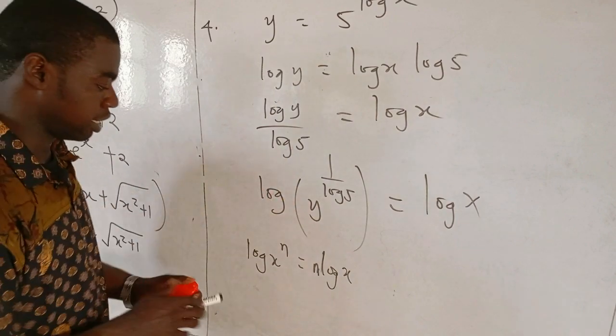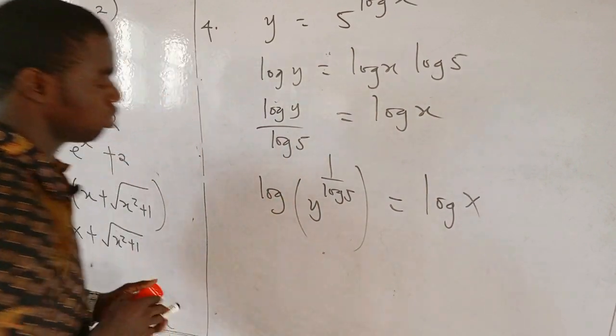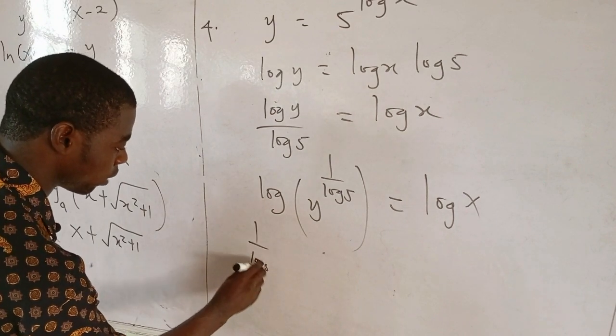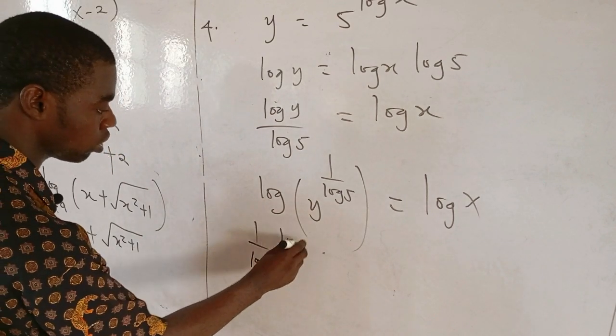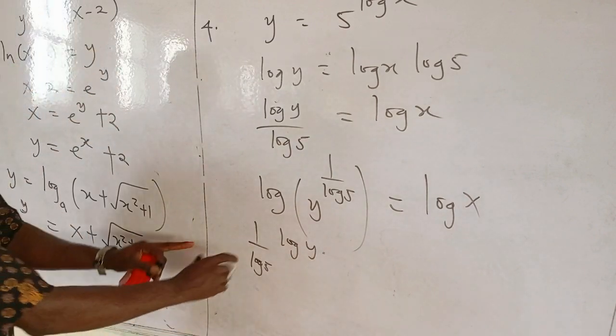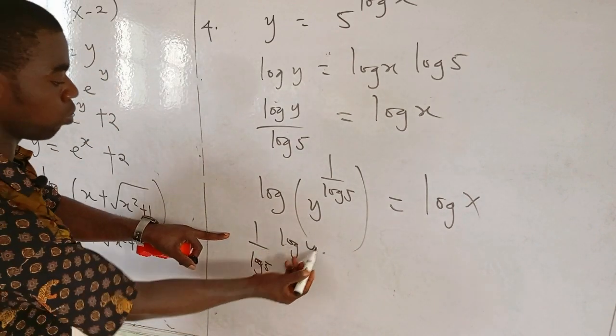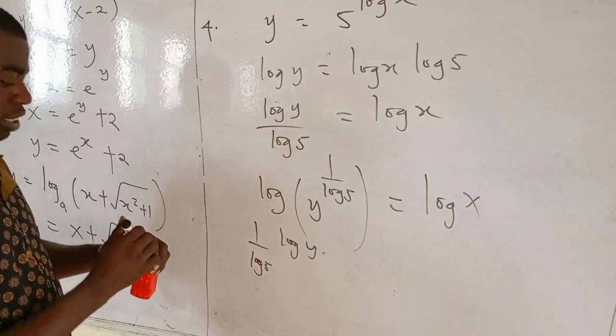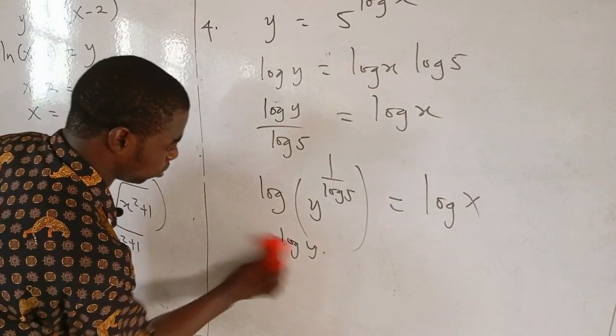So from that law, have it to be 1 over log 5 log y, right? And this is having now log y divided by log 5, which is actually what we have here, right? So that's how we brought that out.